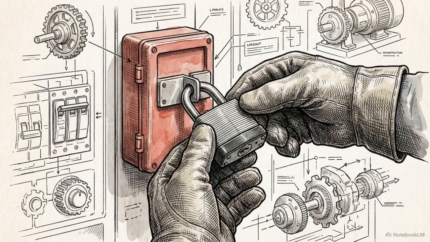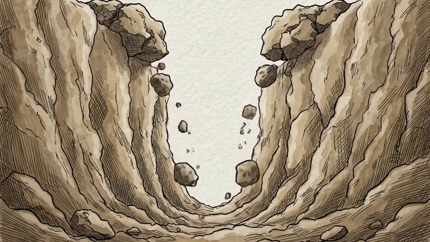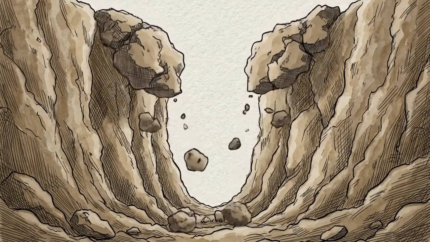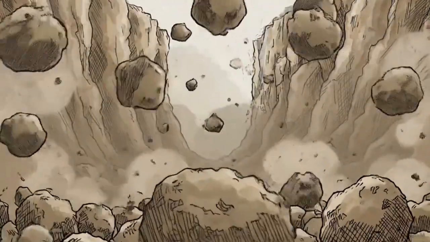That data point triggers the 5th step of the HIRA process, risk control. Every hazard carries an inherent level of danger known as raw risk. This is the total threat present before any safety interventions are implemented. Working at the bottom of a newly excavated, unsupported construction trench carries an extreme raw risk of fatal crush injuries.